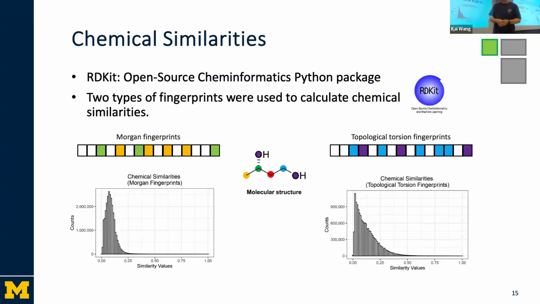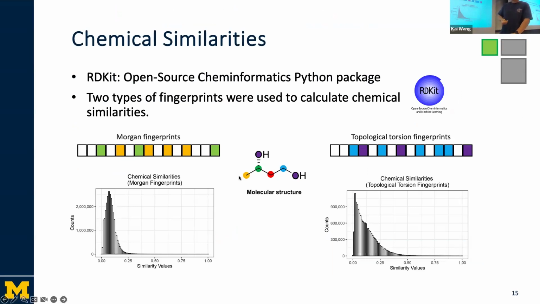And then for the chemical similarities, we use RDKit, which is a Python package, to calculate 2 types of fingerprints. One is the Morgan fingerprint, and one is the topological torsion fingerprint. Those are very common ways to do chemical similarity. Then we calculate the chemical similarity based on those 2 fingerprints.